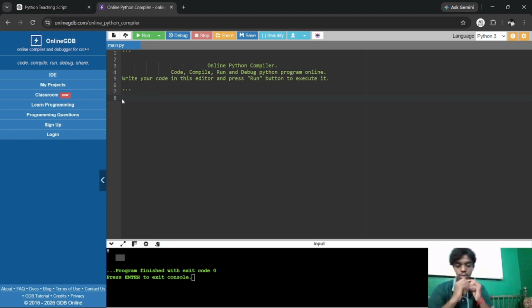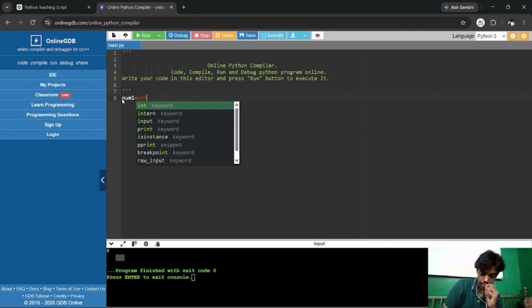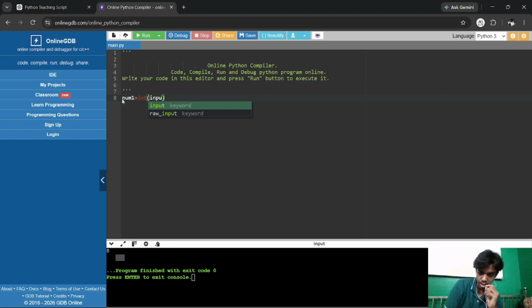Okay, let's go with it, and let's first take two numbers as input. Number 1 will be... we have learned how to take integer input in the previous sessions. Let's just use it and practice along with me too. This would help you make a healthy coding habit.